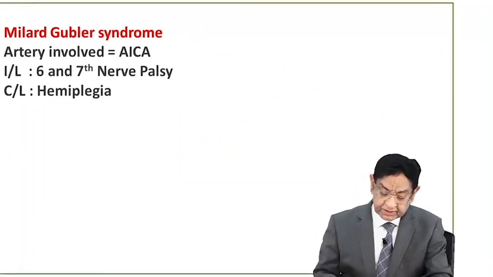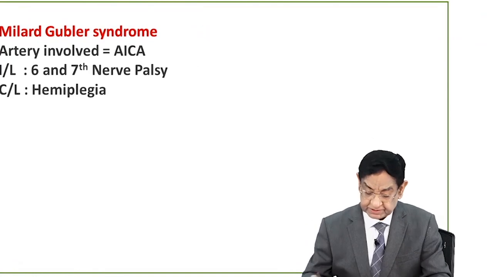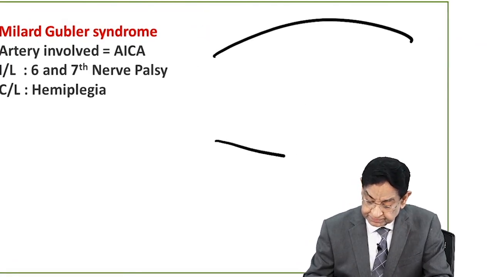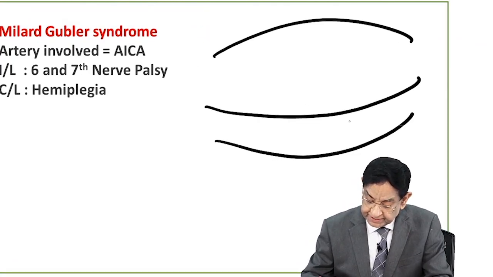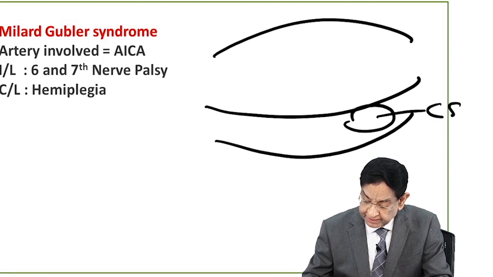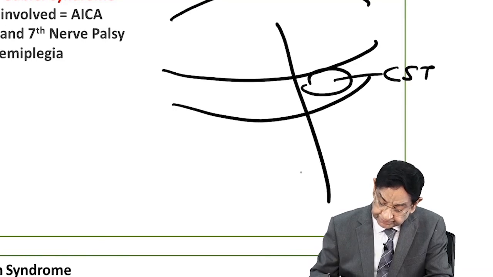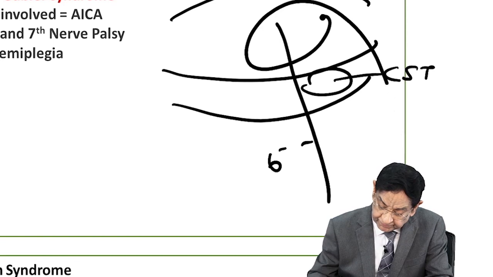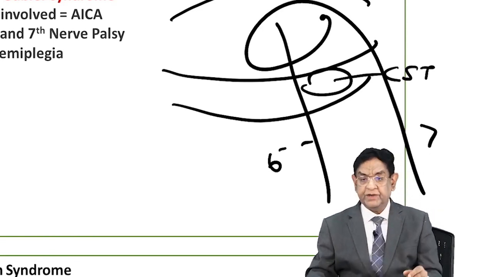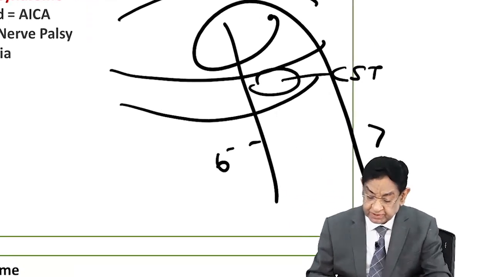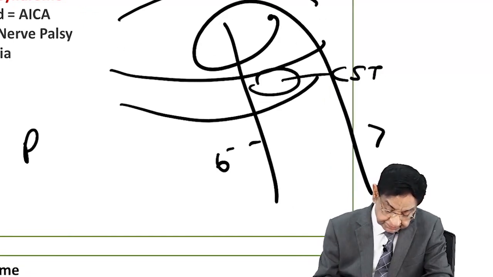Then we talk about the pons. This is the pons. Here is the corticospinal tract. Here is the 6th nerve. Here is the 7th nerve, and it revolves around the 6th nerve and comes out. Pons.